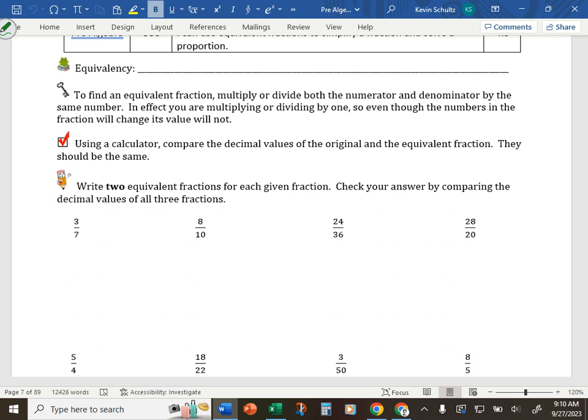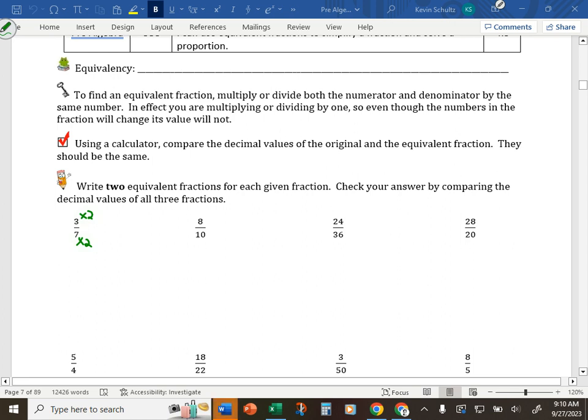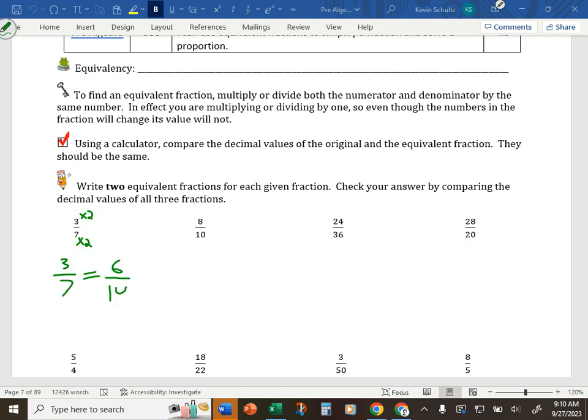What would be an equivalent fraction to 3/7? 6/14, right? And how she got that was she multiplied both the numerator and the denominator by the same thing. Okay, so I can write that 3/7 is equal to 6/14, even though the numbers are completely different.